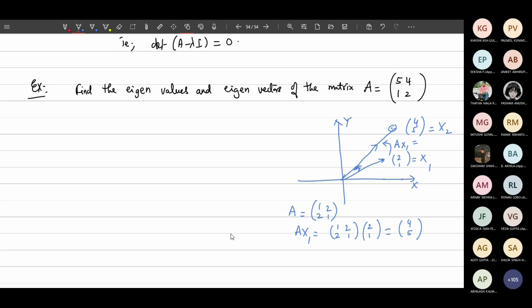If it is 2 dimensions, a 2 cross 2 matrix; if it is 3 dimensions, a 3 cross 3 matrix. If I multiply x1 with some other matrix, I may get a different vector. That depends on the matrix. Any vector you multiply with a square matrix of the same size gives another vector.